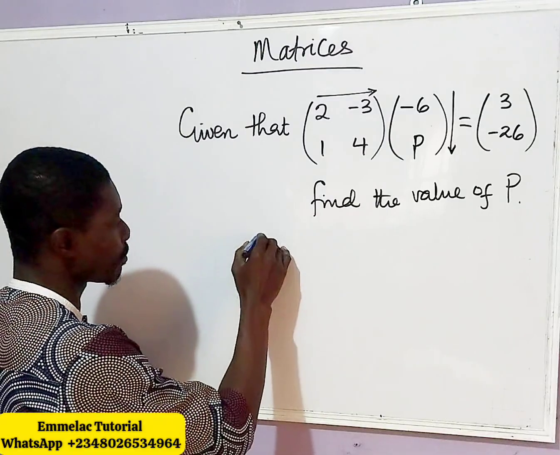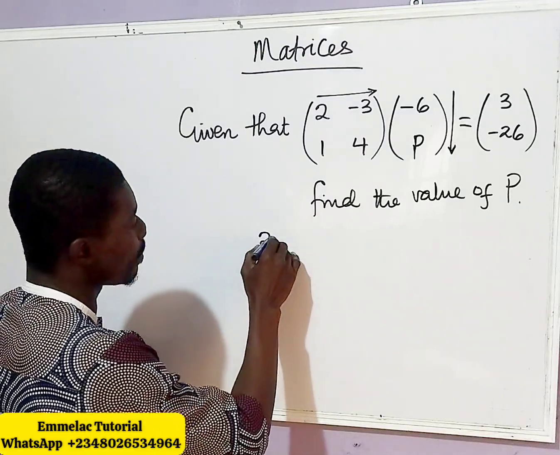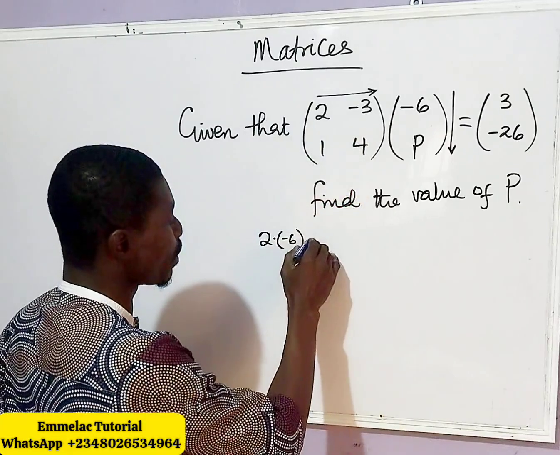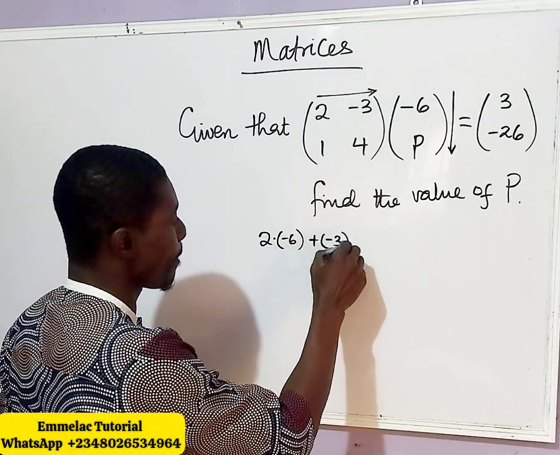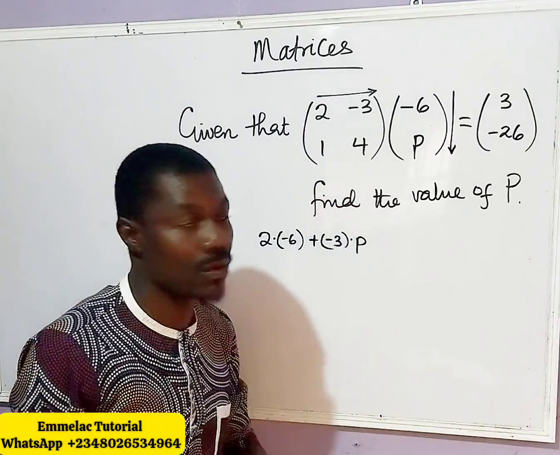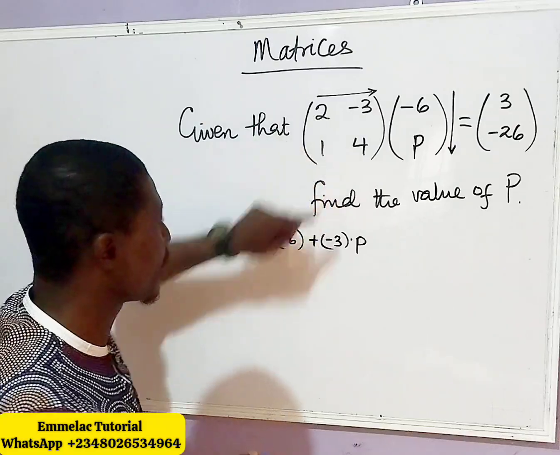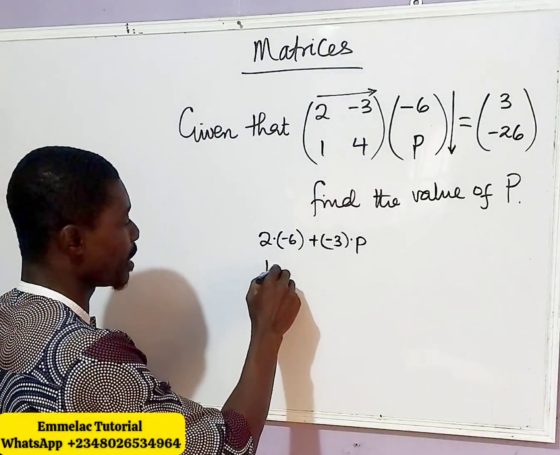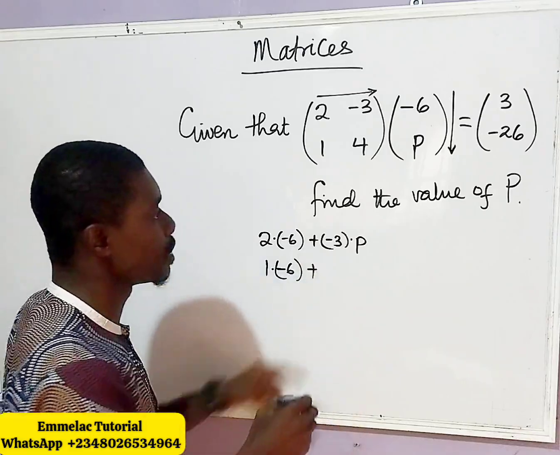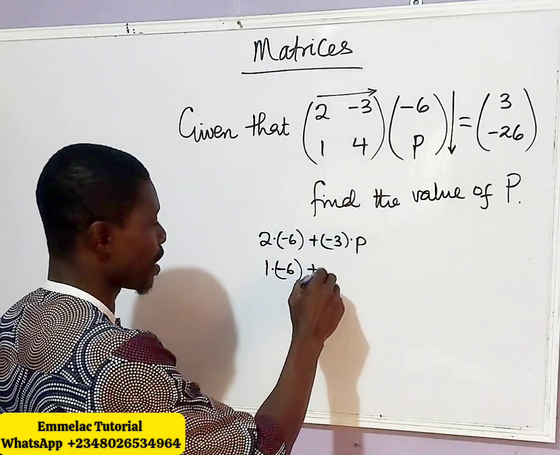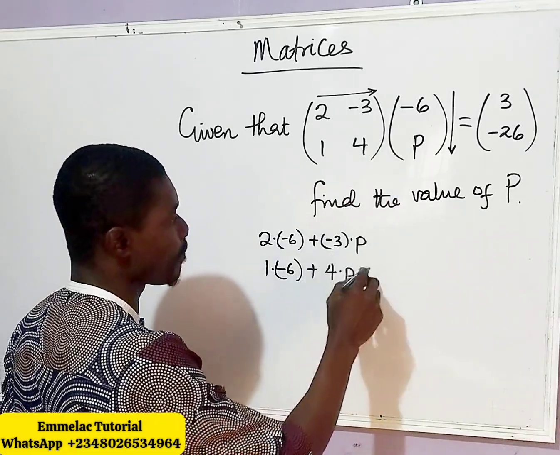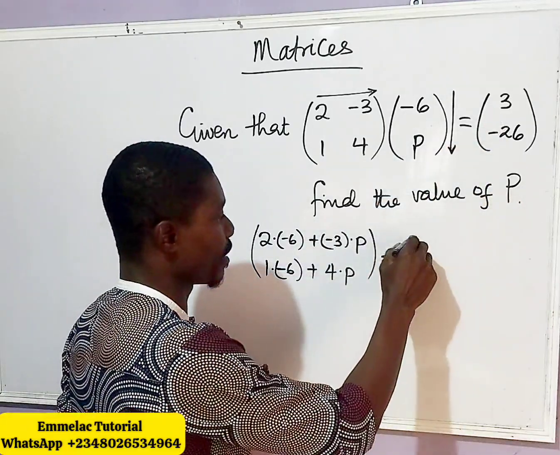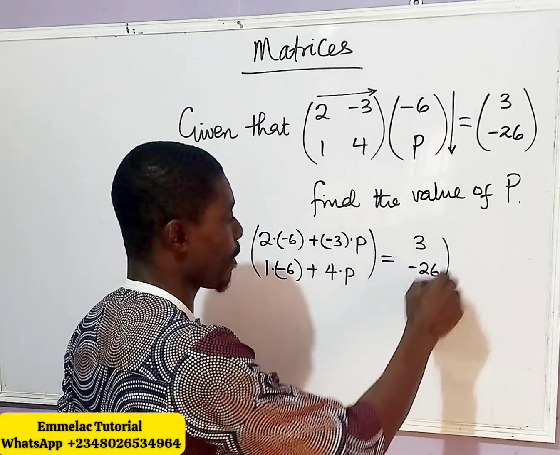So that will give us 2 multiplied by -6, then plus -3 multiplied by p. Okay, so we've done this first one. Now the second one here, you have 1 multiplied by -6, then plus 4 multiplied by p, that'll be 4 multiplied by p, then equals this, you have 3 and -26.